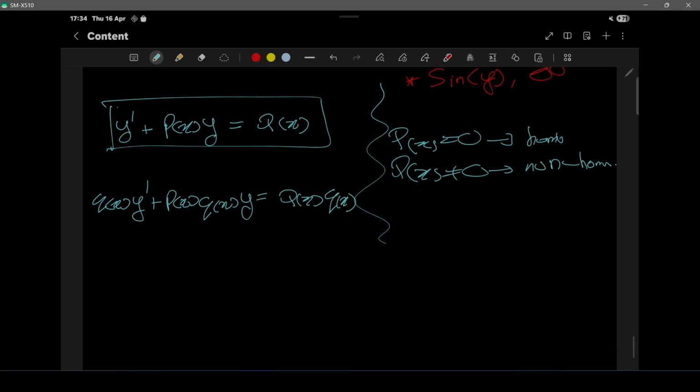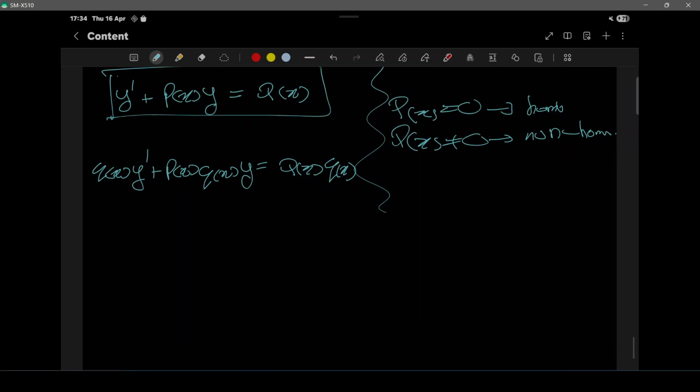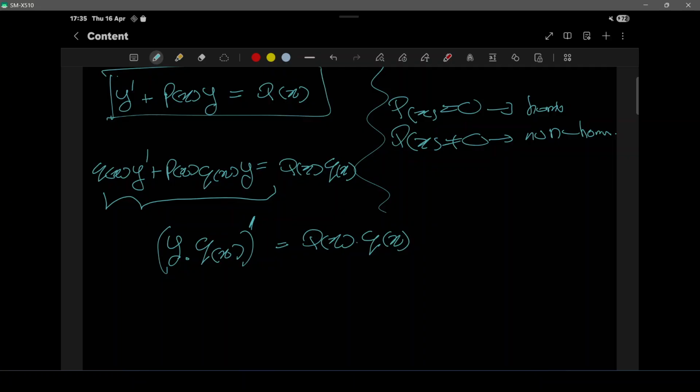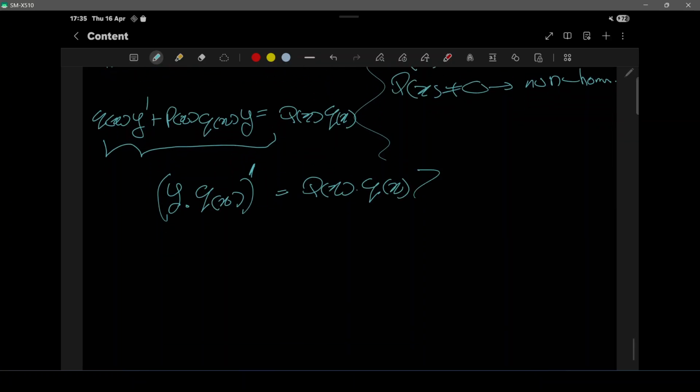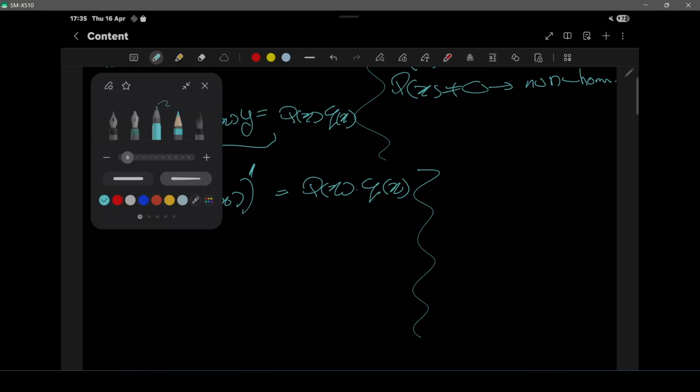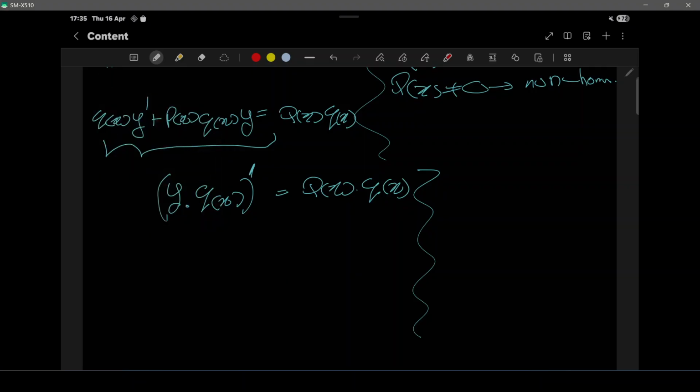Now here the miracle happens. We choose mu x such that the derivative of y times mu x is exactly these two terms. We choose mu x in such a way. So this is equal to mu x times q x.